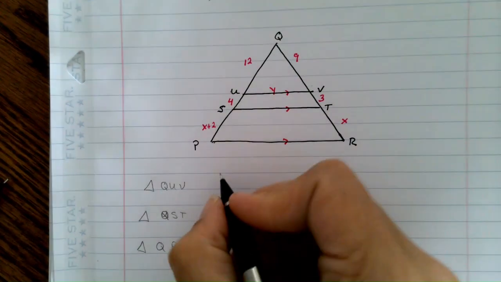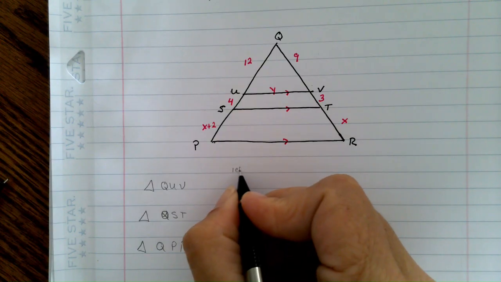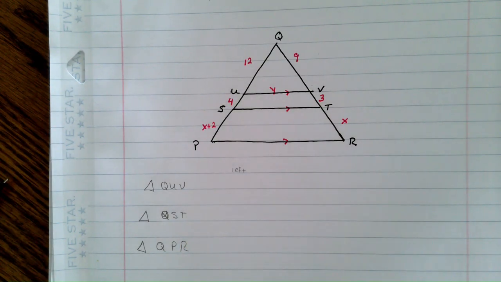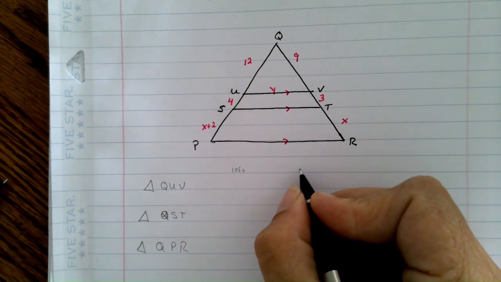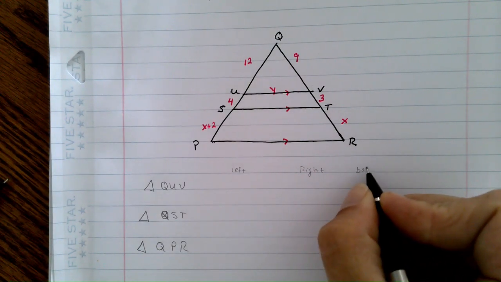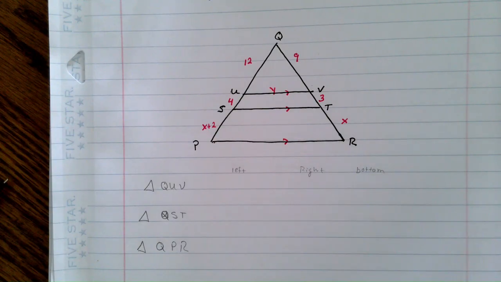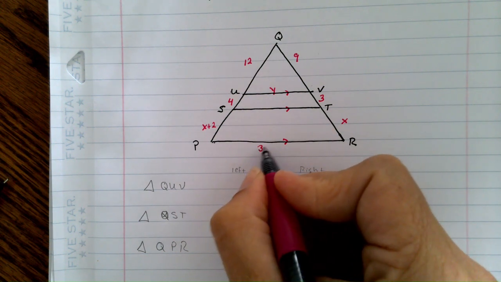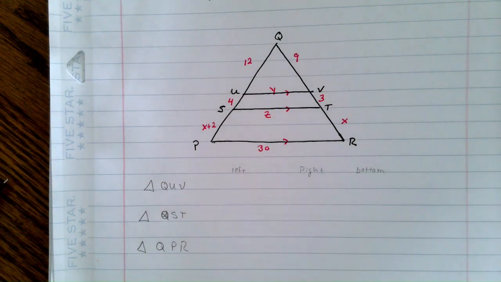So we're just going to talk left side. I'm not going to say small, big, because I don't know whether the left side, right side, bottom. And I'm going to leave it blank if we don't know anything about it. Okay? I did forget to write one number down. I'm supposed to write 30 right here, and actually I forgot to write a couple of things down.